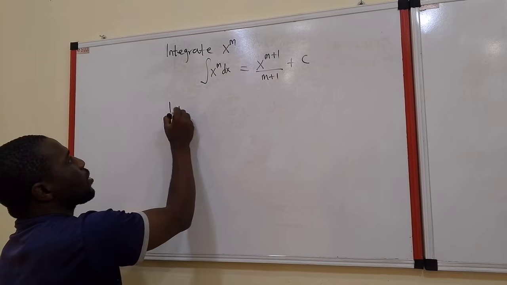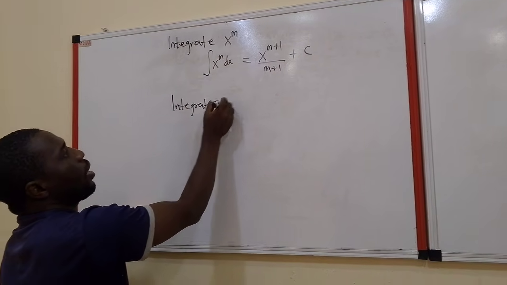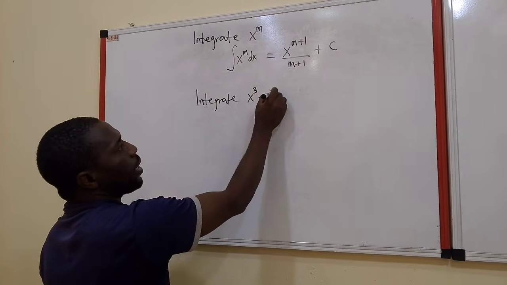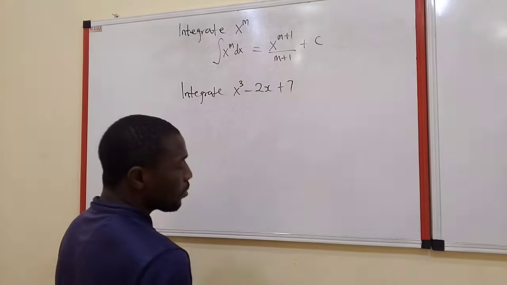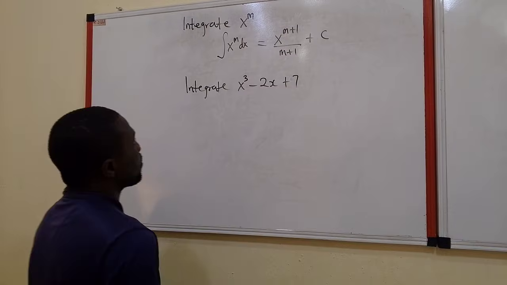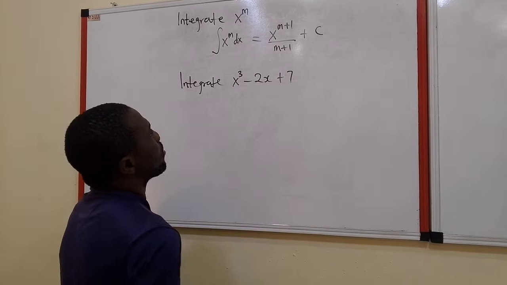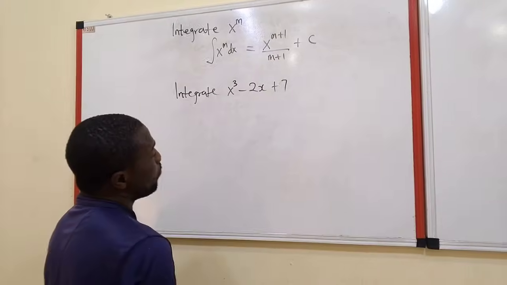You have this: integrate x raised to 3 minus 2x plus 7 with respect to x. How do we integrate this? Very simple.